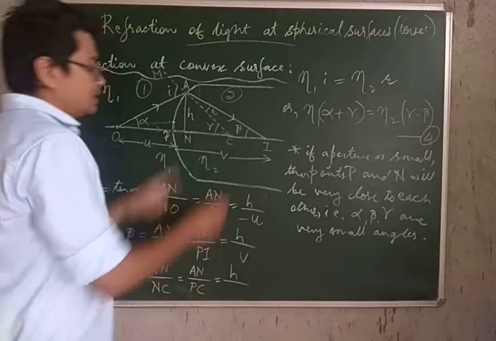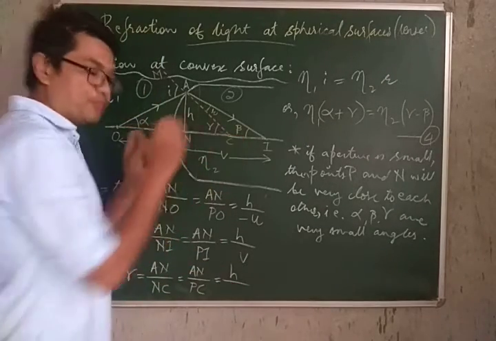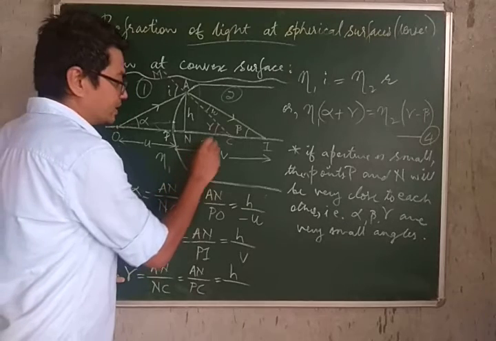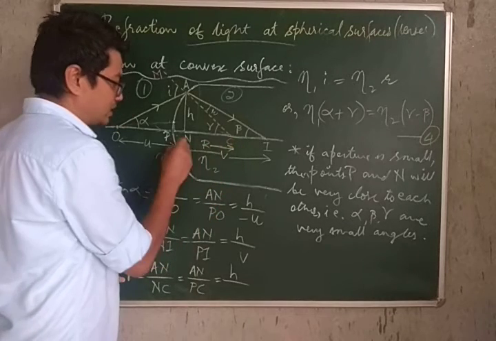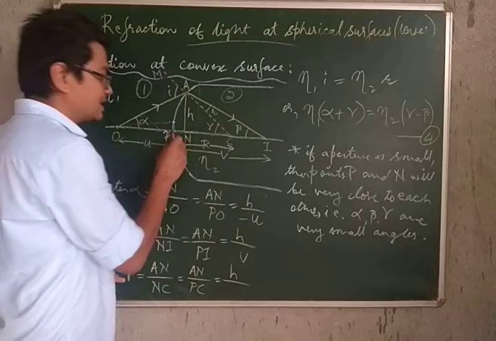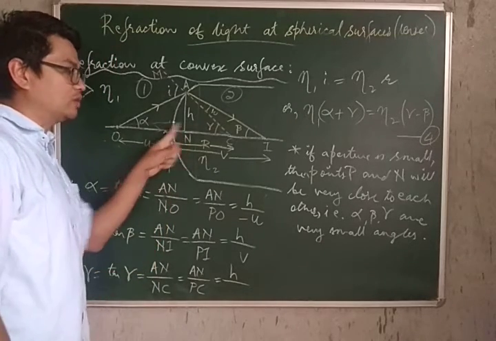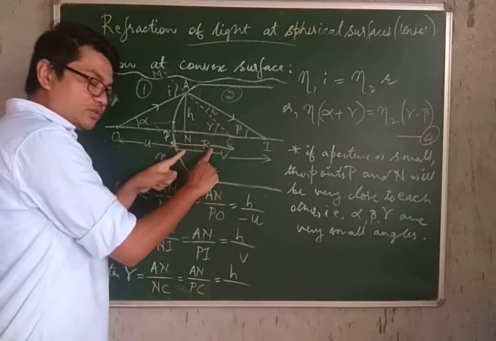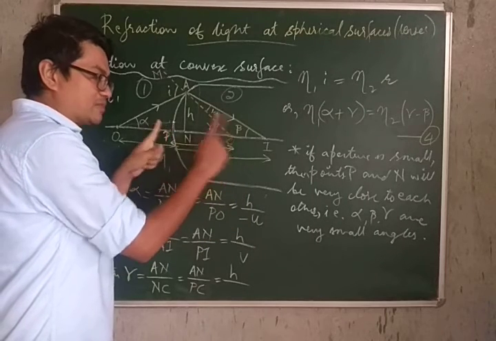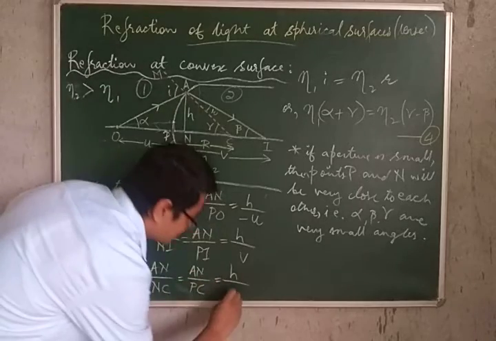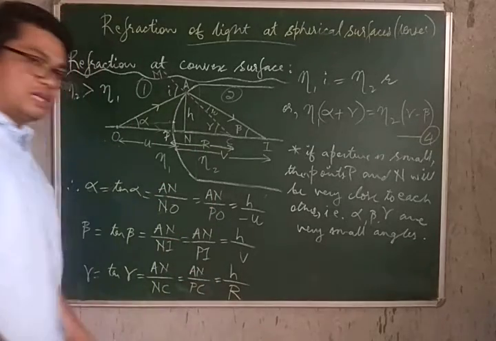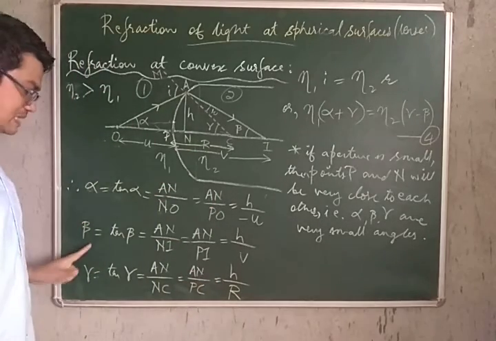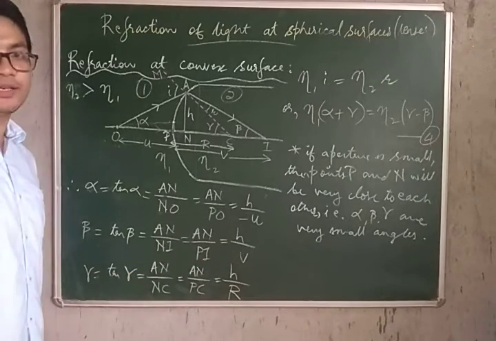PC is the distance of the center of curvature from the pole, which is called the radius of curvature. So this is capital R. Since radius of curvature is measured on the right hand side of the pole, it's taken to be positive. So these are the values of your alpha, beta and gamma respectively.